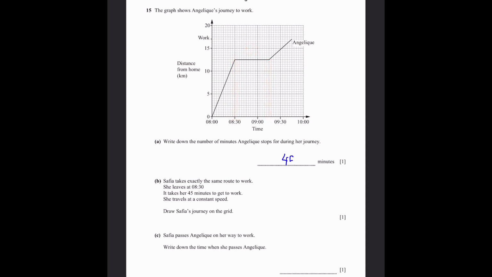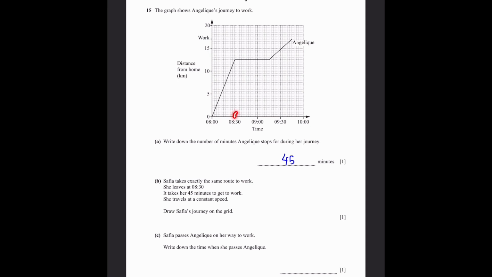That's the answer. B. Safia takes exactly the same route to work. She leaves at 8:30. It takes her 45 minutes to get to work. She travels at a constant speed. Draw Safia's journey on the grid. So Safia's journey will be starting at 8:30.